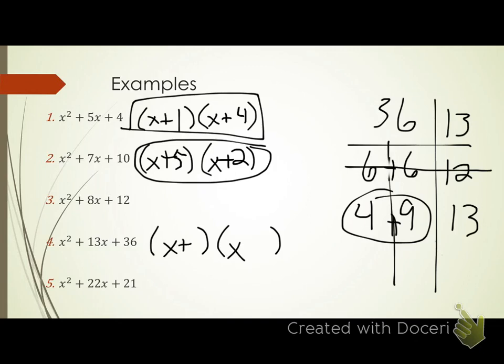Both positive. Everyone good how we're getting the two signs? Yeah. And then what are my numbers? 4 and 9. Questions on 4? x plus 4 times x plus 9. Those are my two factors. We good with that?